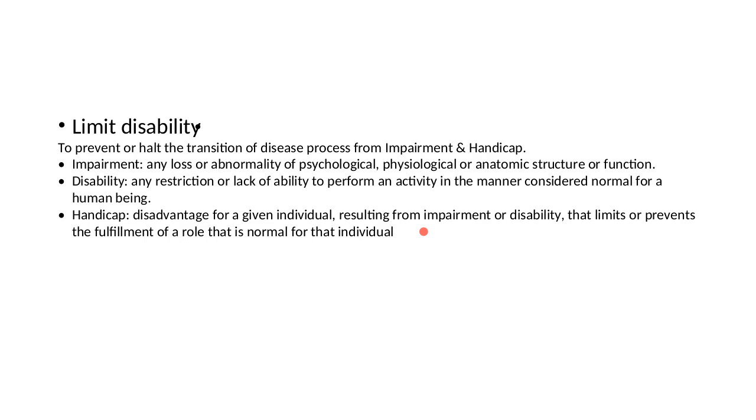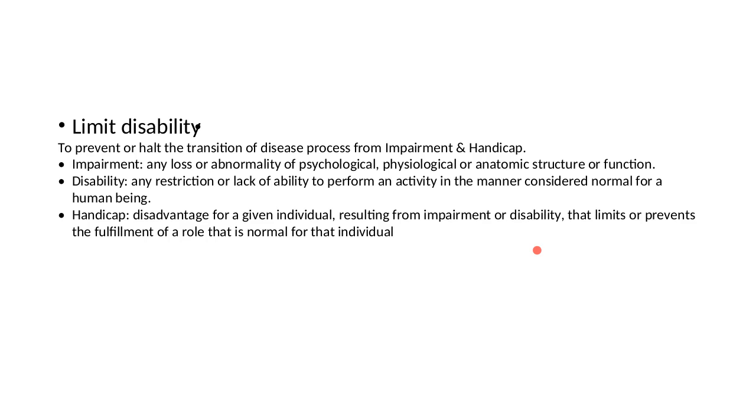Then for handicap, this is the disadvantage that comes due to disability. For example, if a child does not have teeth, when she talks to other children, the children will laugh at her. And if they laugh at her, the child will start to have self-esteem issues and will be antisocial with other people.